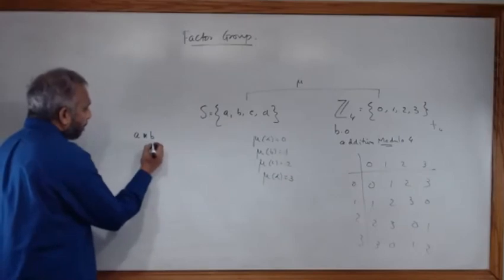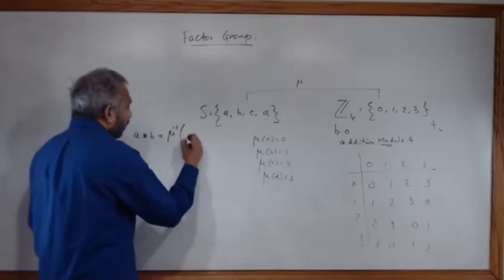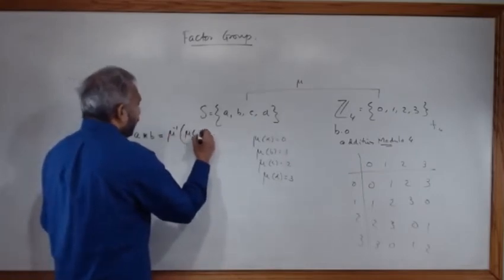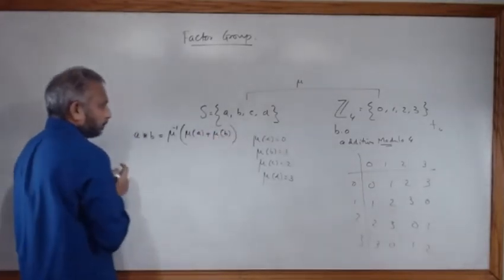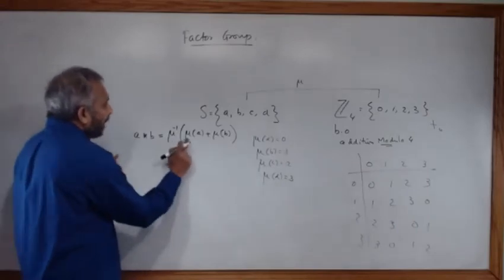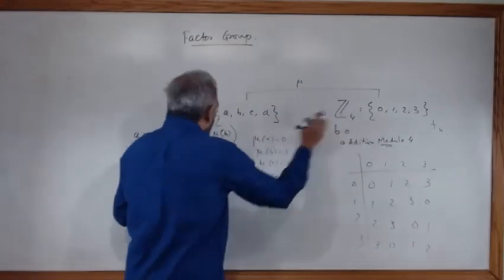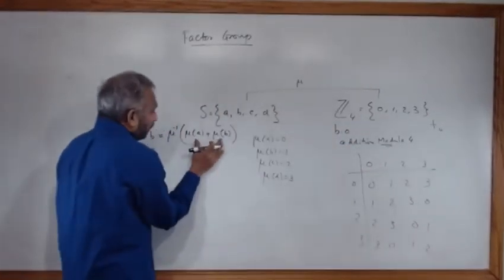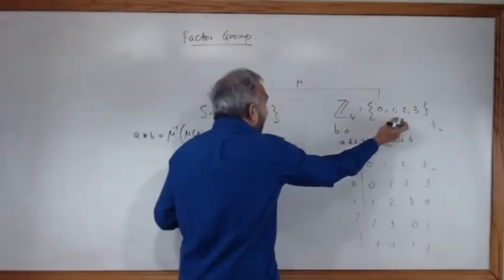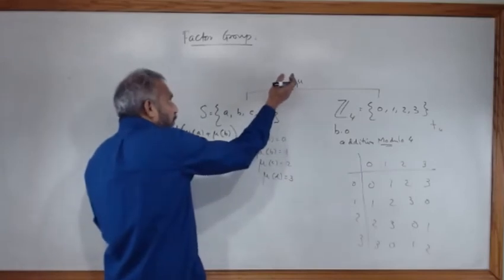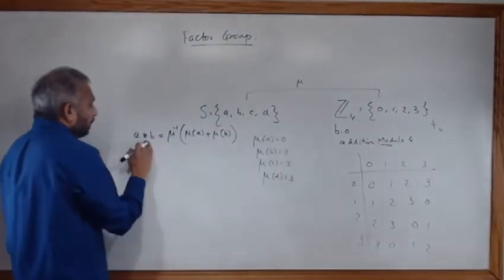The way we define it is: mu inverse of mu of A plus mu of B. Mu of A is an element in Z4, so this is an element in a group. Mu of B is the same thing, so you can add. So you get another element here and take the inverse of that, because mu is a bijective map. You can always think about an inverse map.